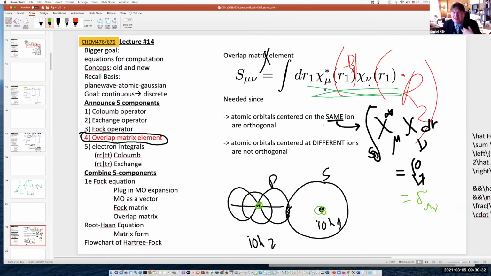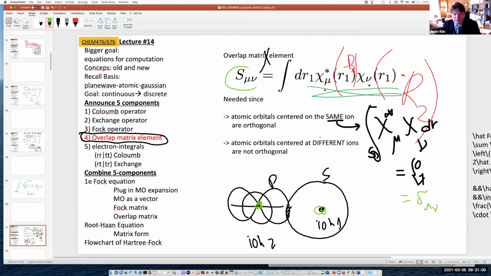We need to name this degree of overlap. And we can assign a letter S, and call that letter S stands for overlap matrix element, for degree of coincidence or not coincidence of orbitals in general, whether they are on the same ion or different ions.